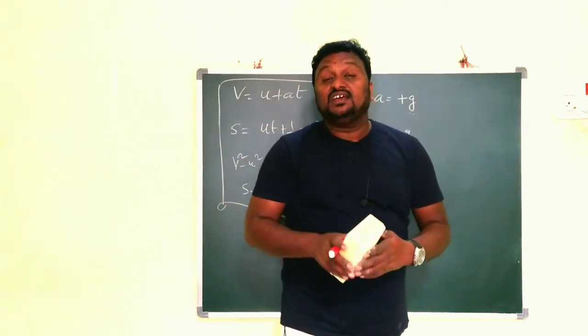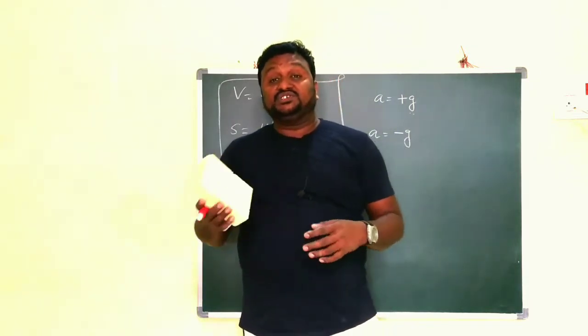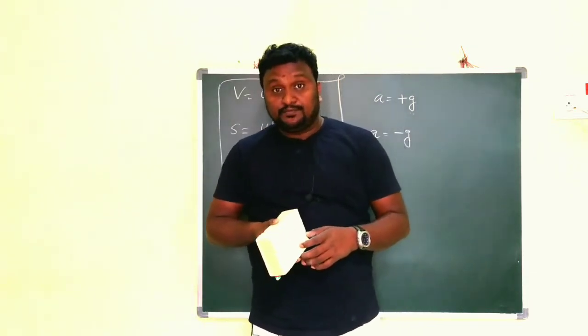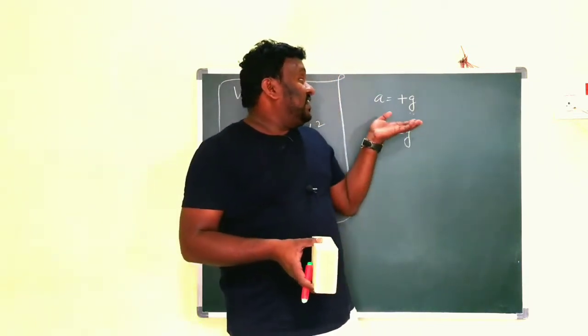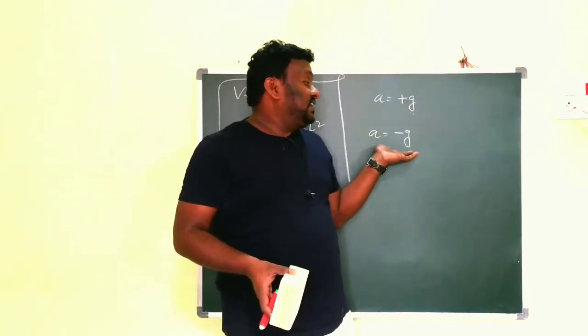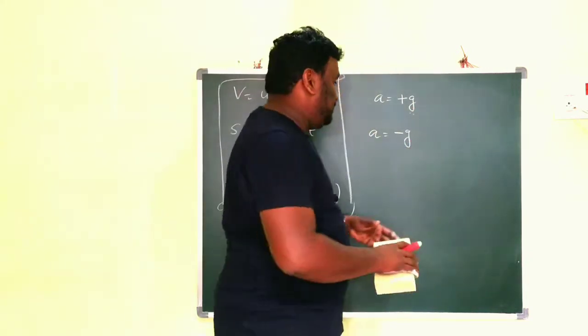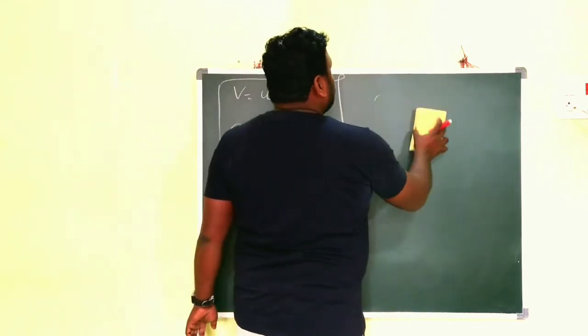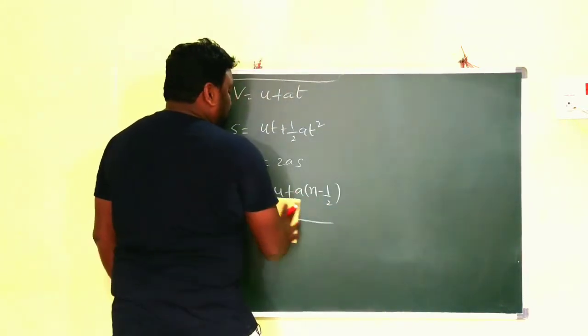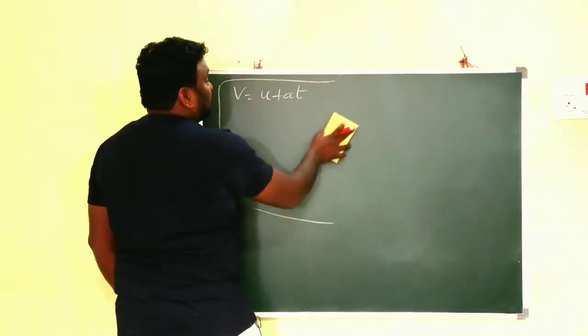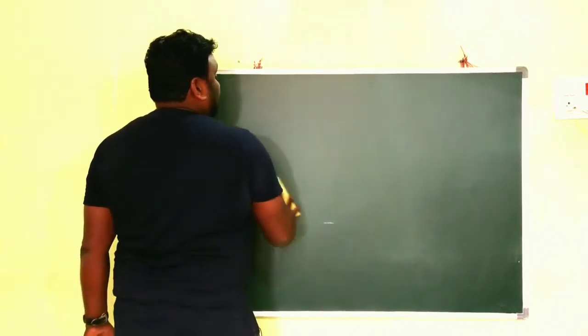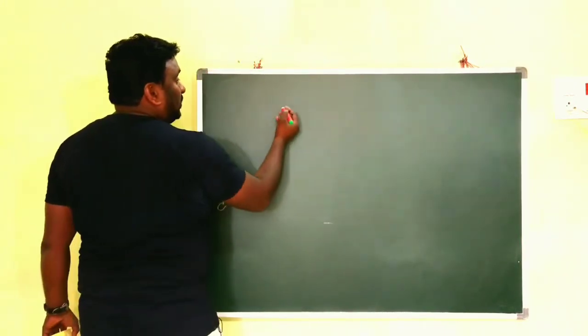Acceleration due to gravity is generally shown with the symbol g, small g. And sometimes we take a = +g, and sometimes a = -g. Acceleration due to gravity is possible when the body is moving up and when the body comes down. So children, now let's go here.